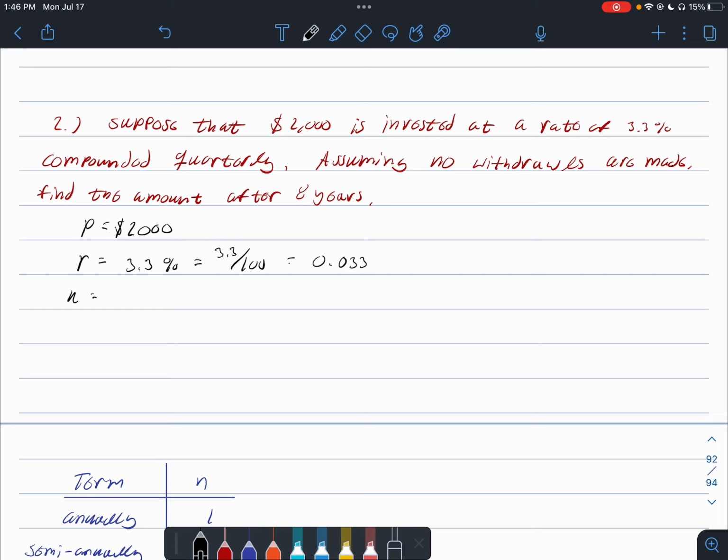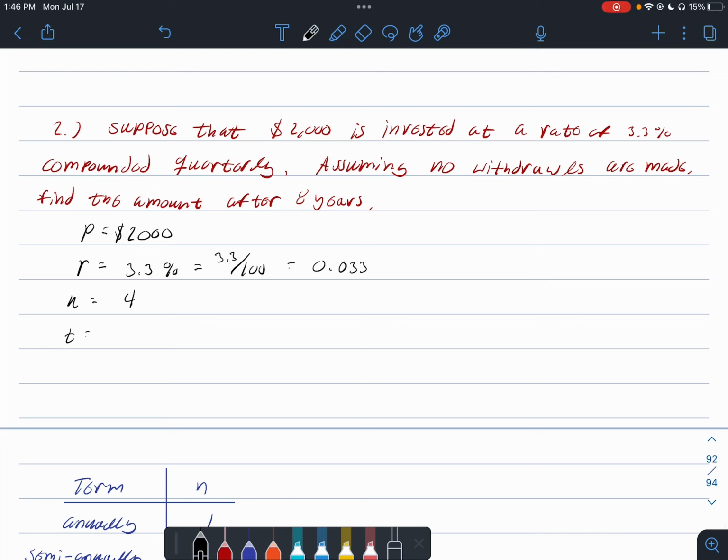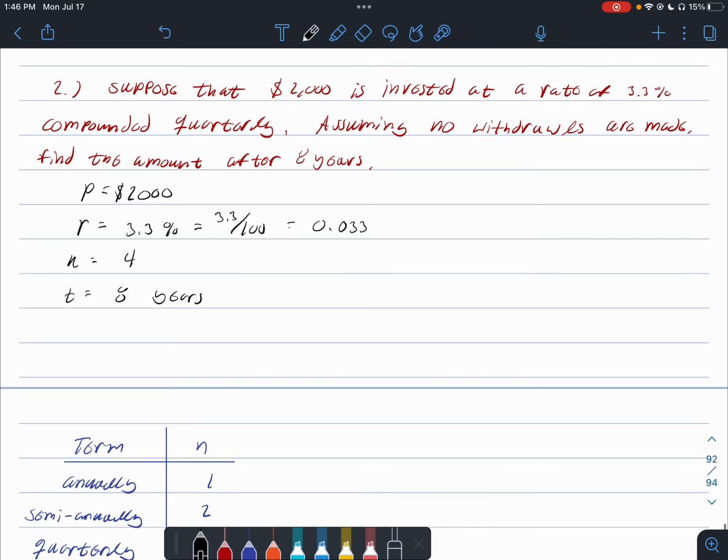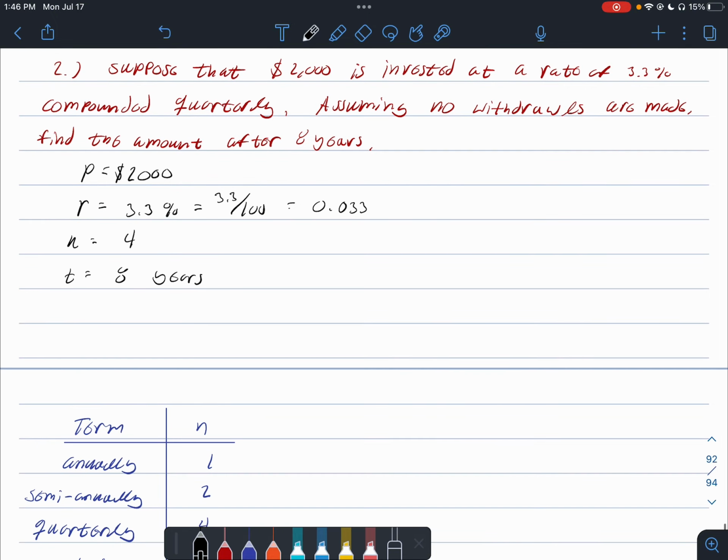Quarterly means that you do it 4 times a year. So each quarter you would compound it. If it's each quarter, that means there's 4 times per year. And then T is the number of years, and we said that was 8 years.